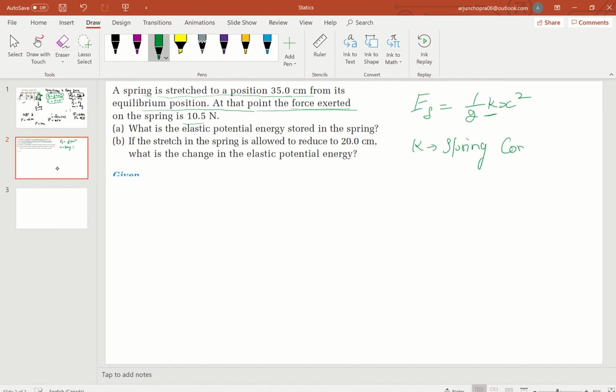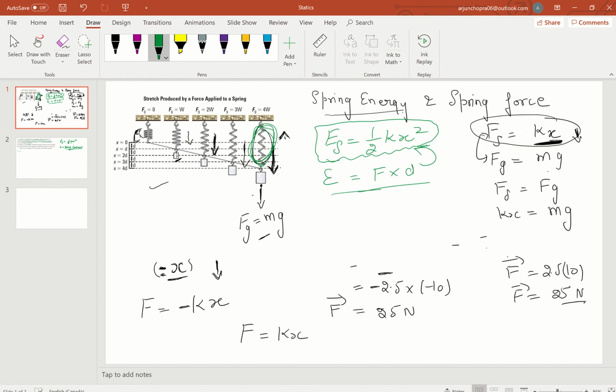Spring constant means, because it's a constant value, that it depends only on the properties of the material which we are using. What kind of material? Spring constant does not change with the elongation.